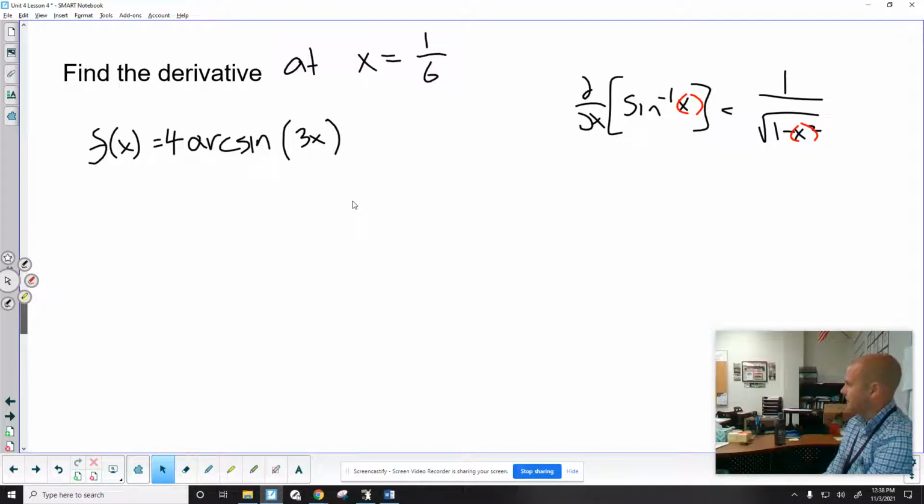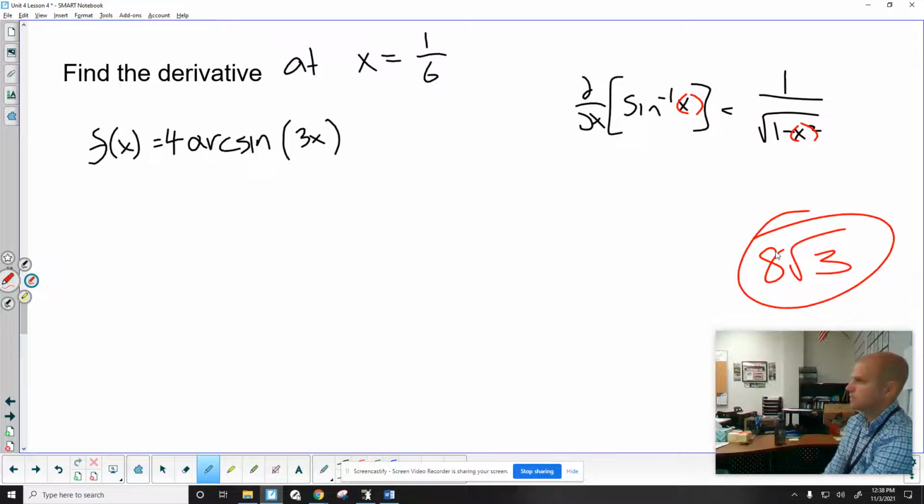I think the answer is, I don't know what the answer is. It's like 8 root 3. Actually, 8 root 3 is the answer. Oh, I need to do that.